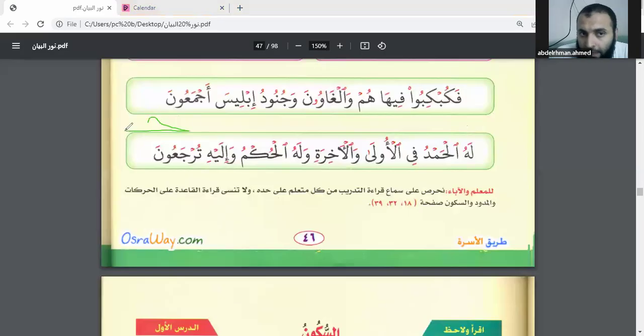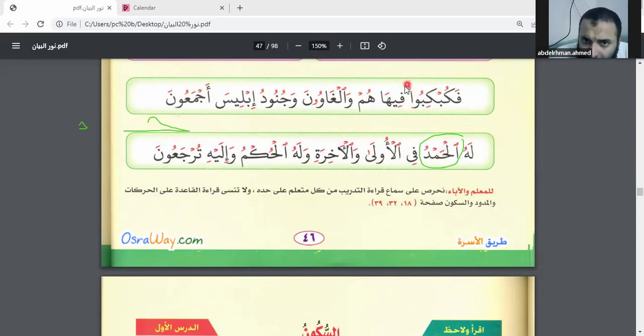This is the letter ha, but it's a small ha, like this. This is the sukun in the Quran. And sukun means we stop on the letter, like this one. If I start from this word, I will say al, alhamdu. So sukun means stop on the letter in the Quran.